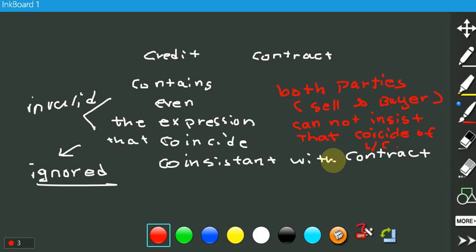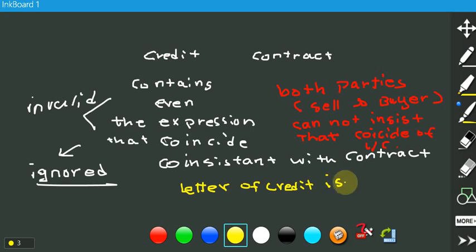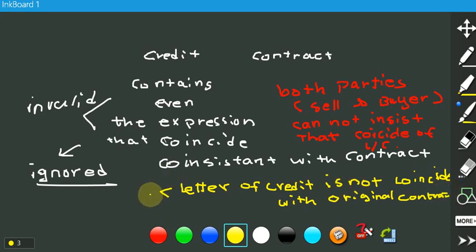And then if there is some debate over the issue that the letter of credit does not coincide with the original contract, this issue should be settled separately from the credit process.